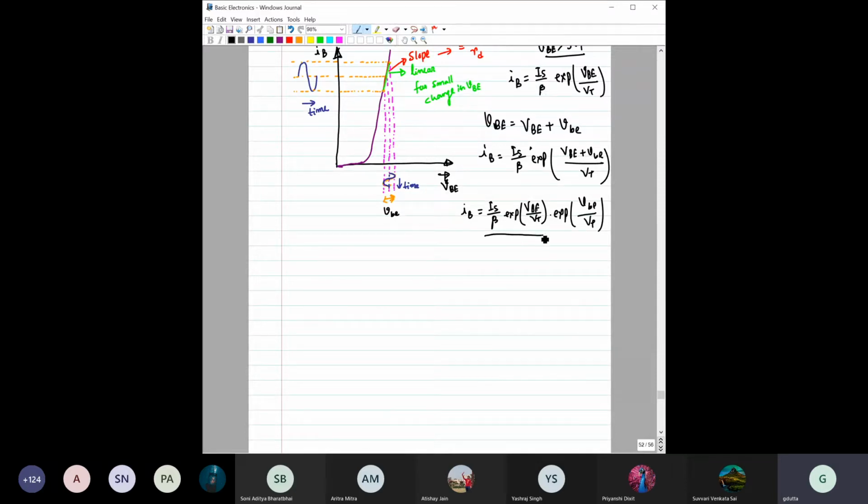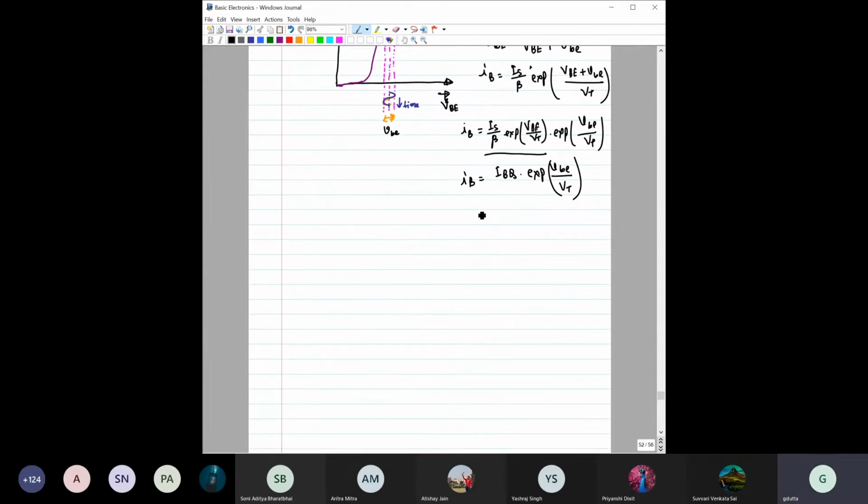Now what is this part? This is basically the base current due to the DC supply voltage only, or in other words, this is the IBQ. So I'm writing it. Please check it out. This is IBQ, can we not write it IBQ? Yes, IBQ into exponential of small v, small b, small e by VT. Is this part clear to you? It should be, because it is easy.